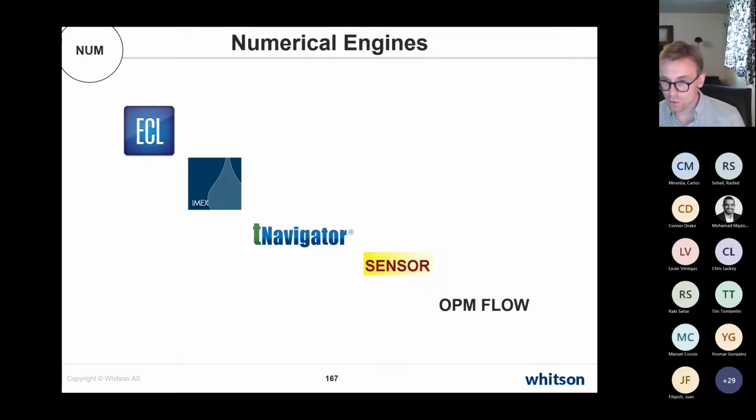So this is full physics reservoir simulation models. We're not doing any tricks on pseudo pressure variables, etc., to make it fast. The results that you will be getting in this kind of workflow should be the same no matter which of these simulators you're using.